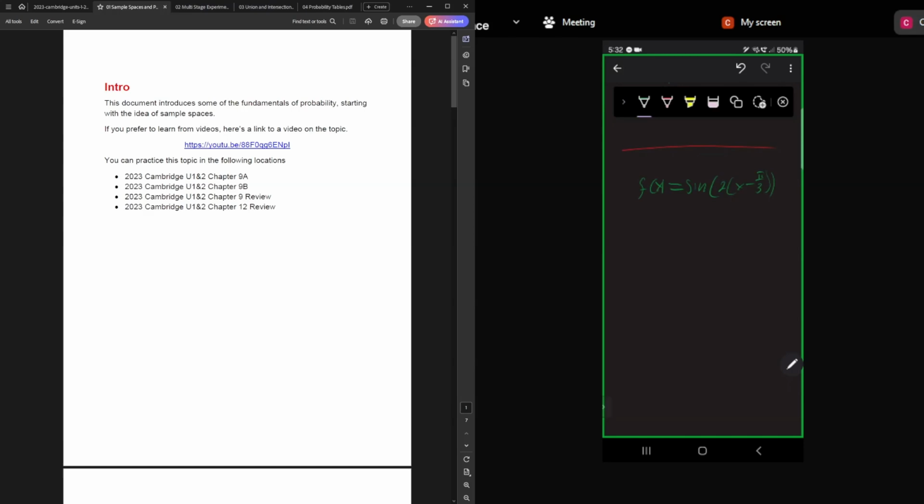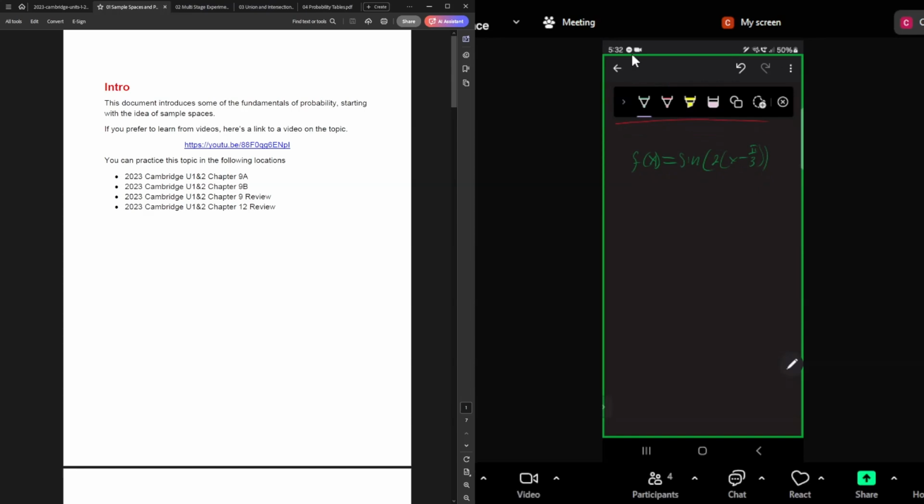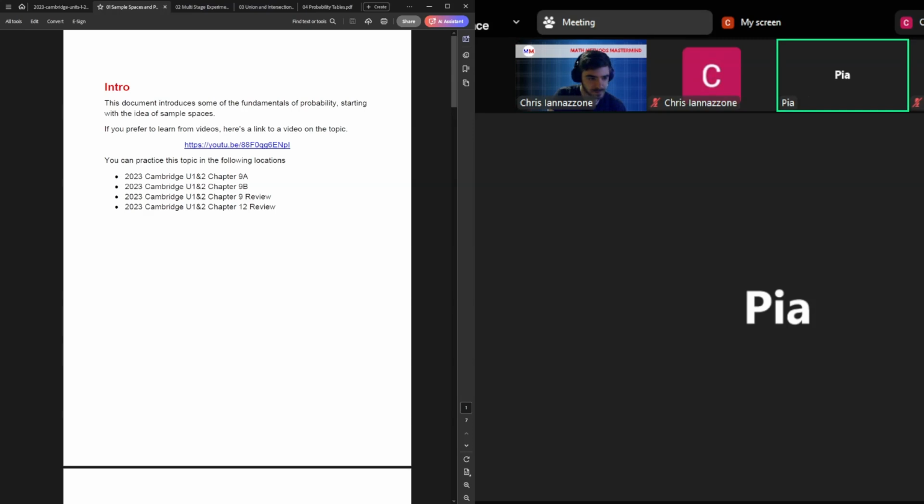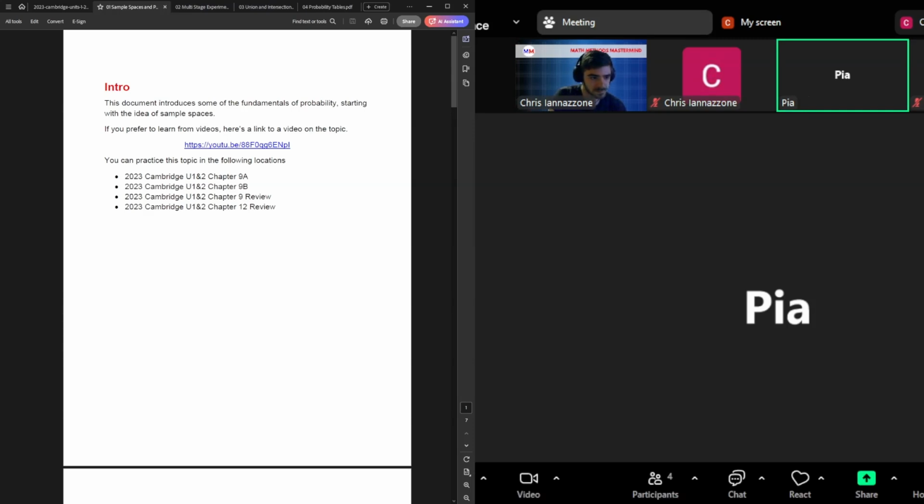So for the more complicated bit will be the actual sketch overall of f. So how much of sketching circular functions do you remember? How might we start this out? I know we need to calculate the period and the amplitude.